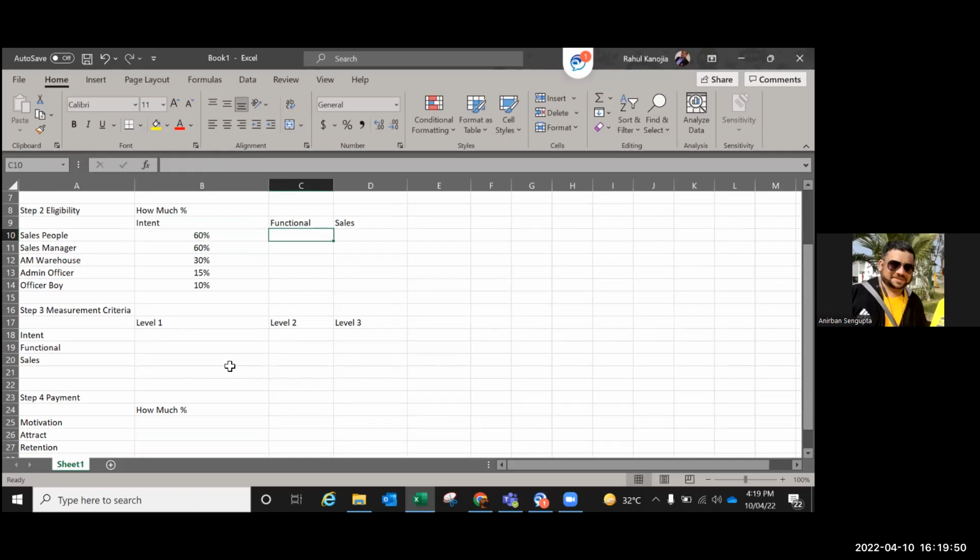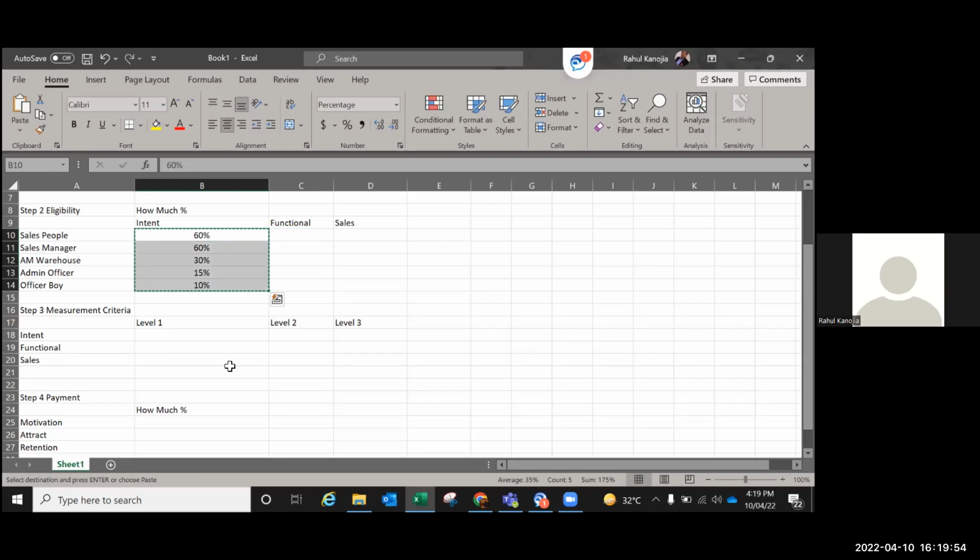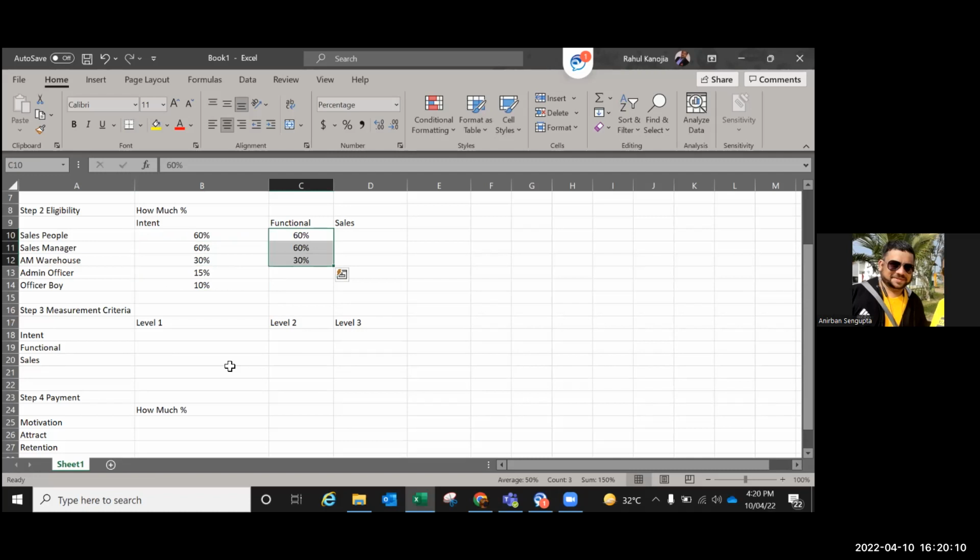Functional, I think it will remain the same, right? No, it will not remain the same for admin and office boy. Till AM it will be the same, because the target of the incentive is to generate sales, but admin and office boy are support staff.